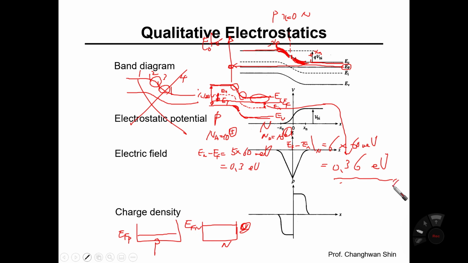Okay, so I guess this slide is very significant and important because we are taking advantage of all the knowledge that we have learned in the first half of the lecture. And of course, we did very similar work for the MS contact, but this work has been done with the Pn diode.